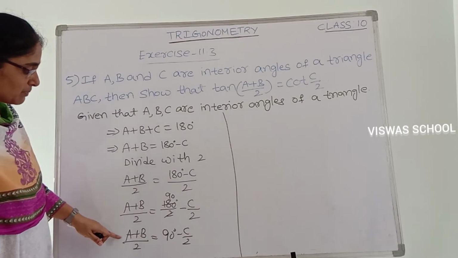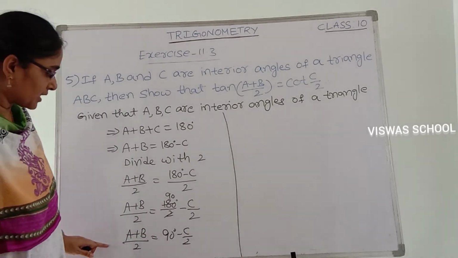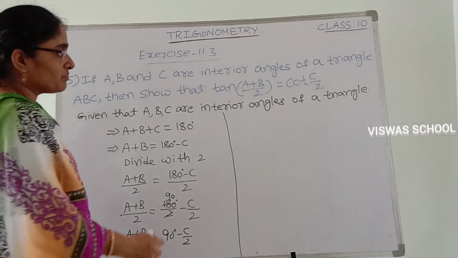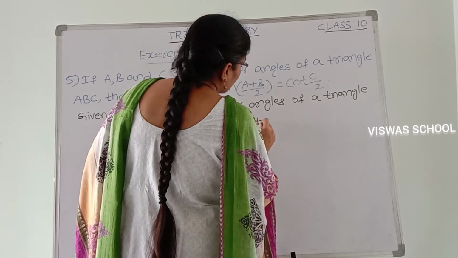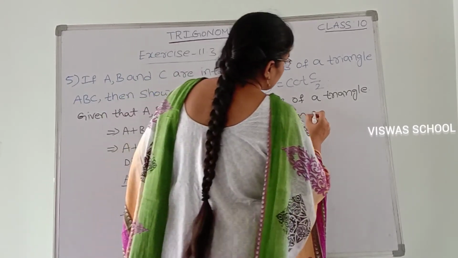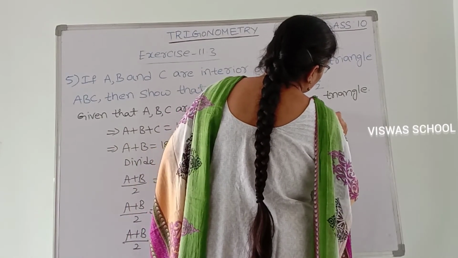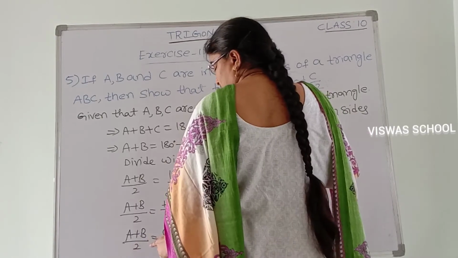Here (A plus B) by 2 equals 90 degrees minus C by 2, and here I am taking tan on both sides. That is, apply tan on both sides. Now it is changed as what? Here it is what?